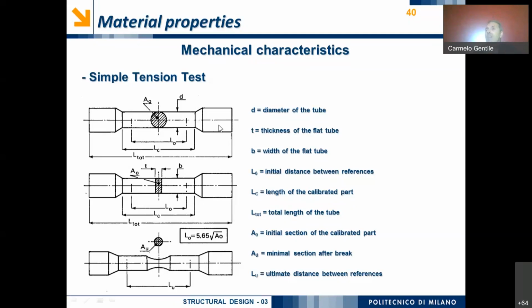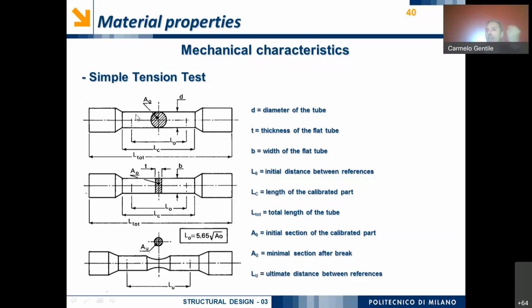Generally, what we measure in this kind of test is the axial force applied at both ends of the sample, and the variation in the length of the central part of the sample.